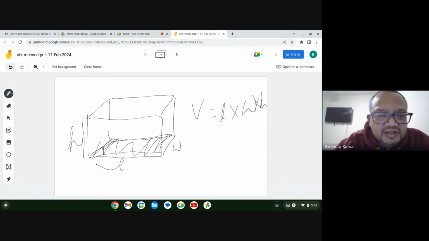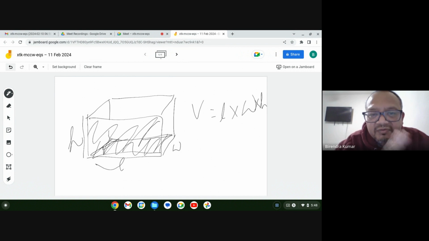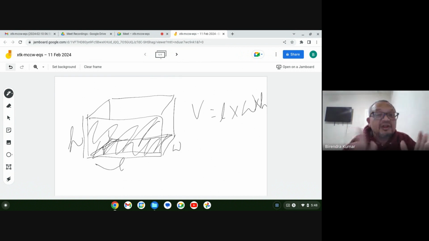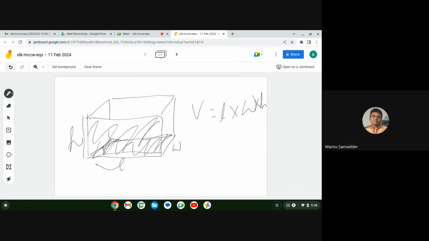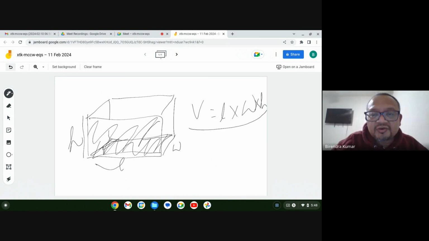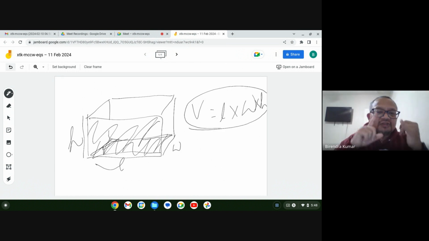What we have not done so far is the surface area of a cuboid. That we'll do later. I would want to break it down the way we broke down the surface area of a cylinder to explain to you guys. So you both know the volume of a cuboid, volume of a cube, and volume of a cylinder.